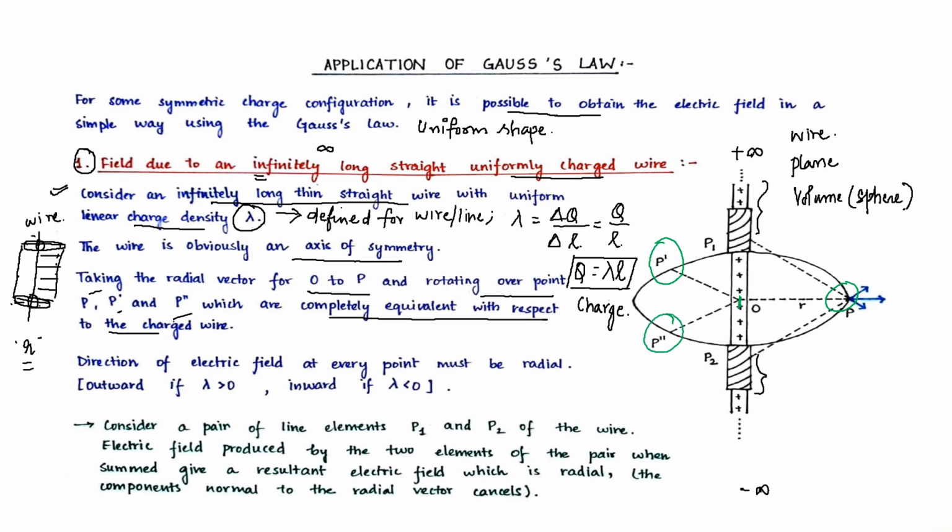From the center O, this distance is R, this distance is R, and this distance is also R. So they are completely equivalent from the center. This is why we say that our straight wire is an axis of symmetry. Complete equivalency is shown over here.